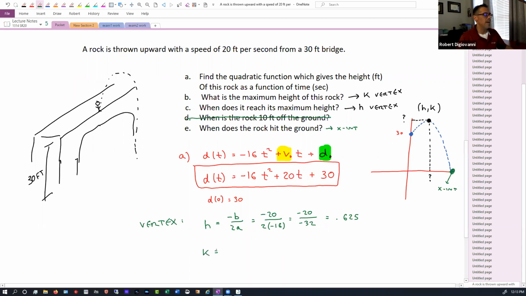Let's find K. So how do we find K? We take the answer and we plug it into the function, don't we? So we plug 0.625 into the function d, which means we're going to take negative 16 times 0.625 squared plus 20 times 0.625 plus 30.